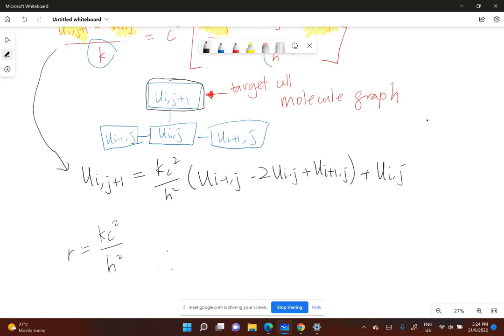So this one will become uij plus 1 equal to r ui minus 1j plus, here we have 1 uij, and this one is minus 2. So become this one 1 minus 2r uij plus with r ui plus 1j. Sekejap. Sampai sini boleh faham ke tak? Can you understand? Okay. If you cannot follow, you just let me know.